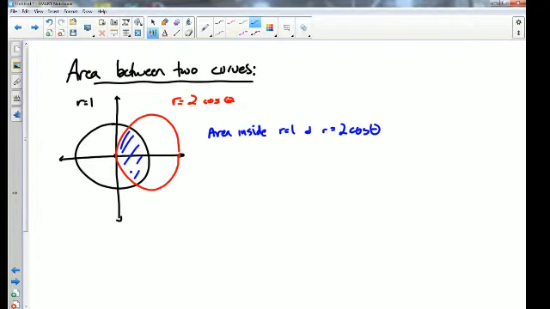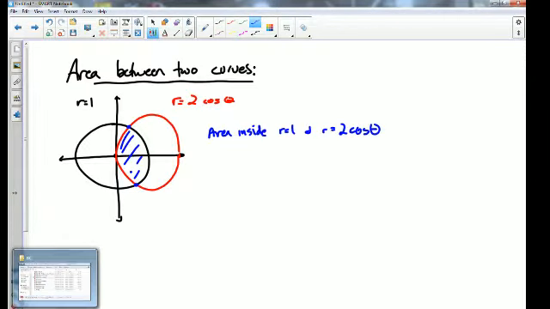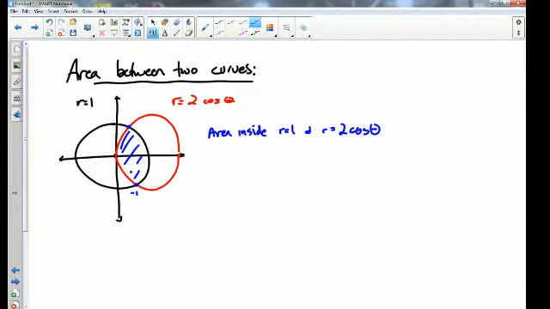Here's the problem with what we're thinking. When we sweep these circles, these intersections, let's say I did the black circle, this is negative pi over 3, and this is pi over 3.